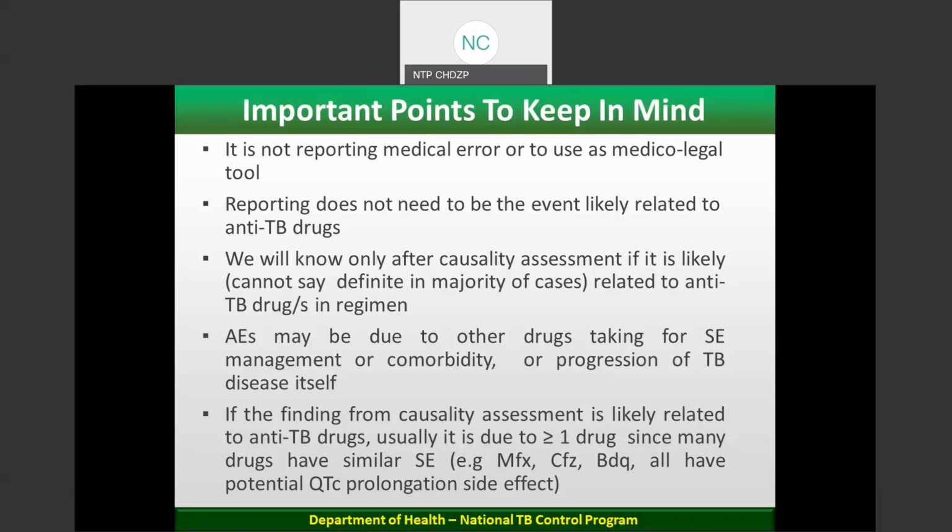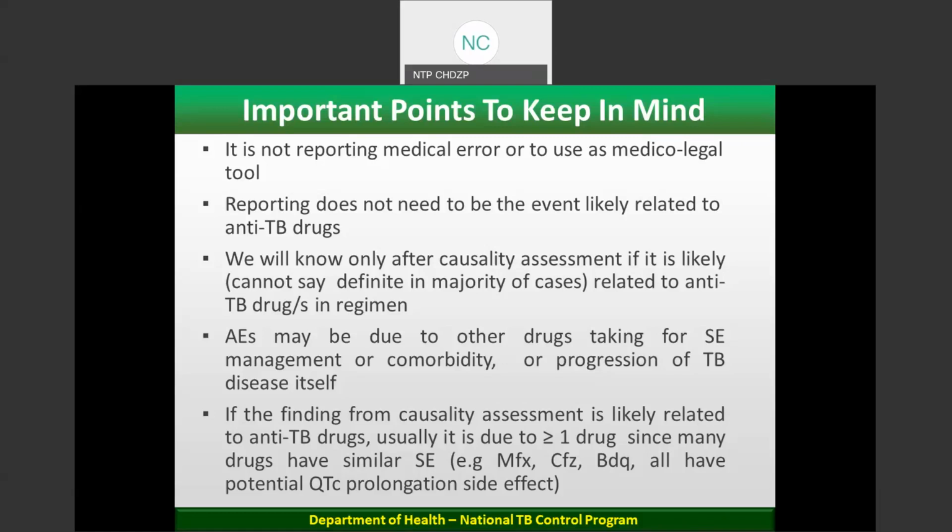And then, should also keep in mind that reporting does not need the event to be likely related to anti-TB drugs. Also, we'll know only after causality assessment if it is likely. We cannot say definite in majority of cases related to any anti-TB drugs regimen.